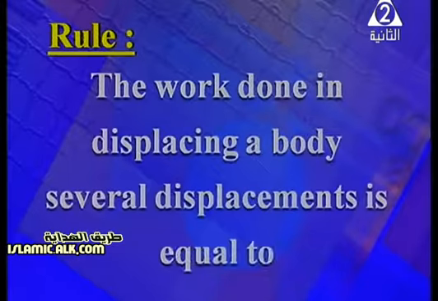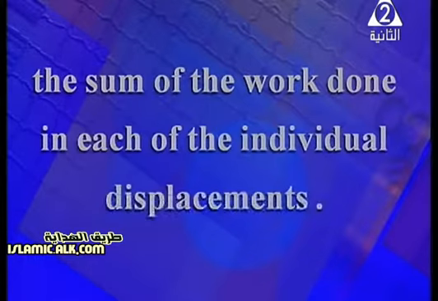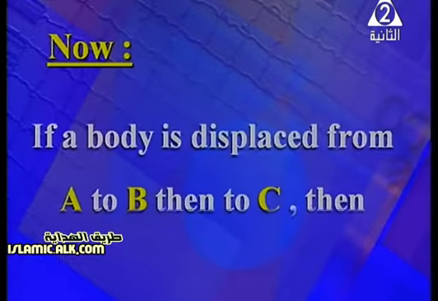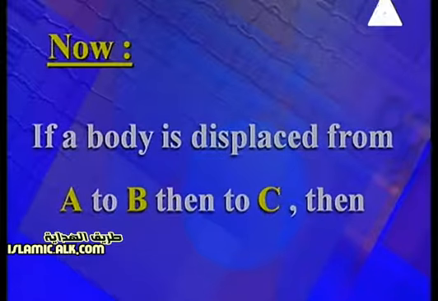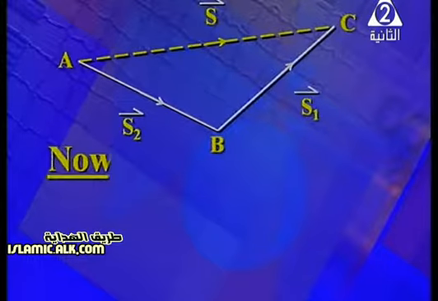Rule: the work done in displacing a body through several displacements is equal to the sum of the work done in each of the individual displacements. Now, if a body is displaced from A to B, then to C, look at the opposite figure.